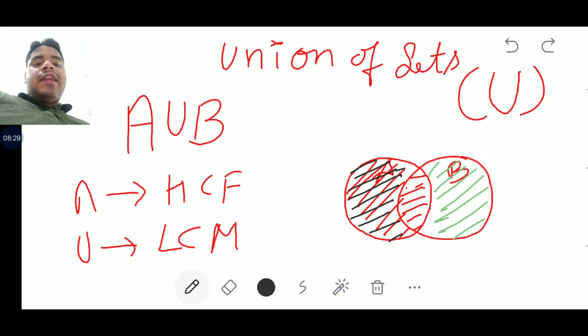We have to write them at once only. Just take an example, it will be more clear for you. Let me erase it.